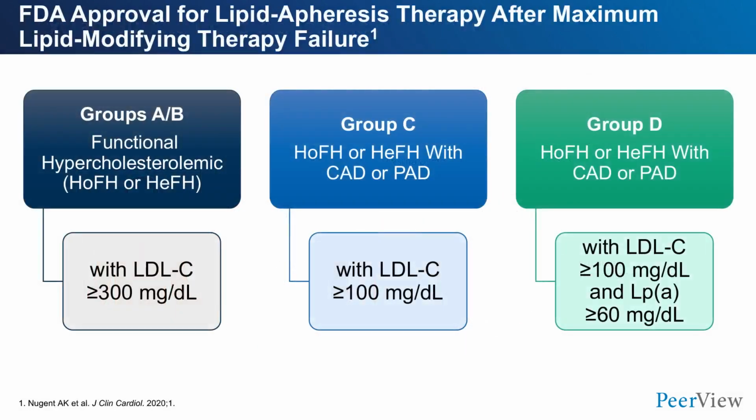And the FDA approval for this treatment is based on 3 categories: FH with LDLs greater than 300 without vascular disease and on max pharmacotherapy; FH with documented vascular disease, CAD or PAD, with LDLs still over 100 milligrams per deciliter despite pharmacotherapy; and finally, HoFH with documented coronary disease and PAD, with an LDL over 100 and an Lp(a) greater than 60 milligrams per deciliter. They're approved for apheresis for that.